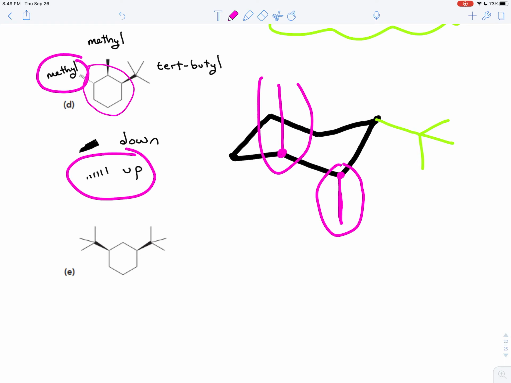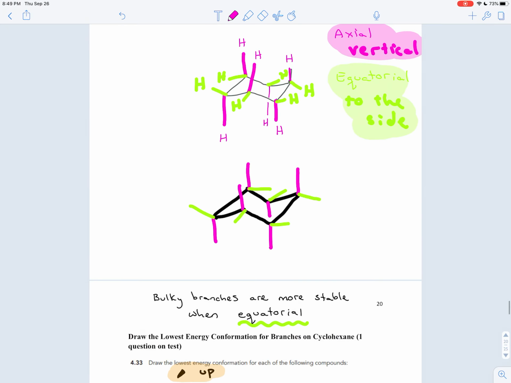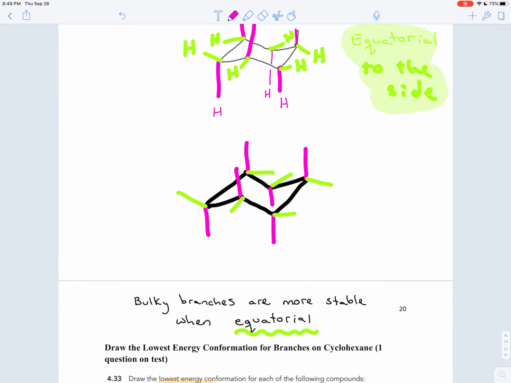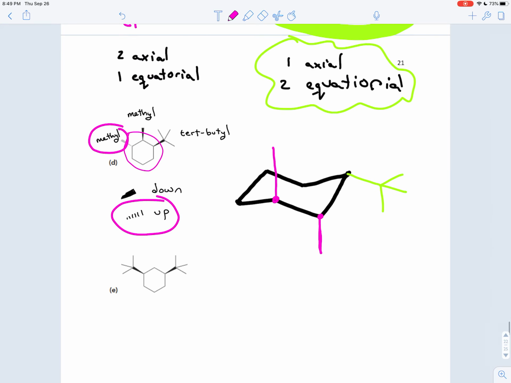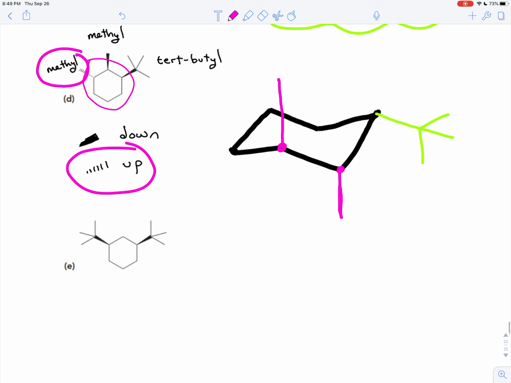If it's down axial here, it's up axial next door. Right? If we look back at our model, you can see if it's down axial here, it's up axial next door. So, that is the most stable conformation for this molecule.